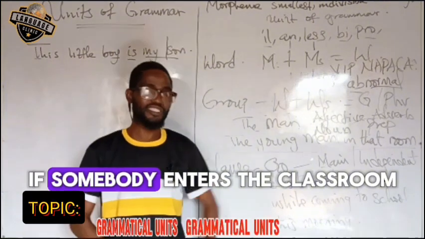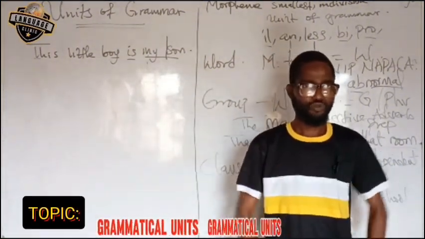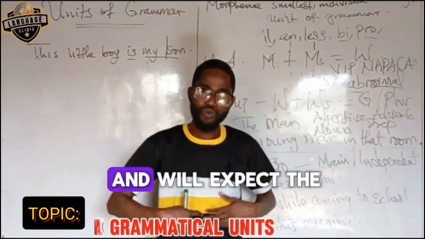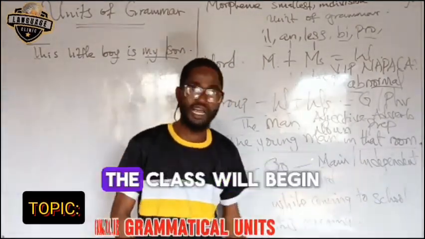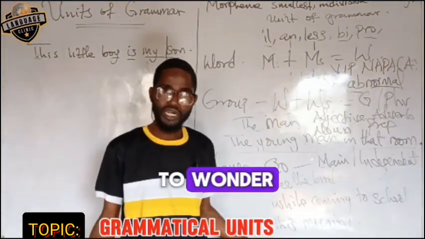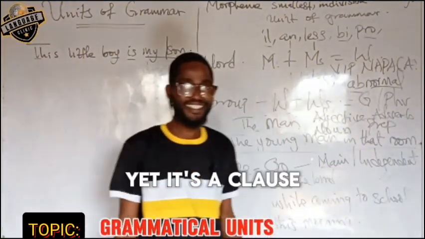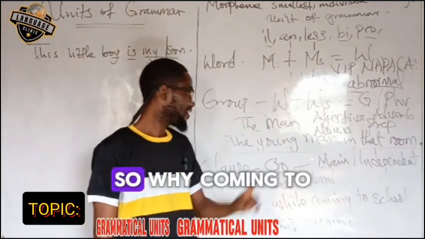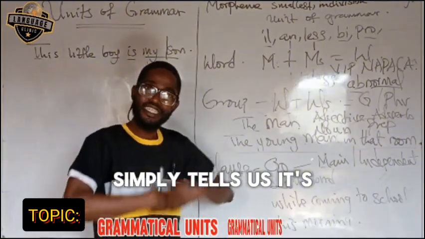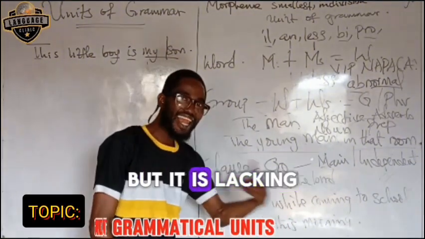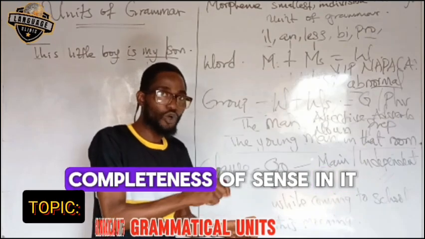If somebody enters the classroom and says, why coming to school this morning, we will all listen and expect the person to continue. If the person says that and leaves the class, we will begin to wonder, is everything right with this person? Because it is incomplete, yet it's a clause. So, why coming to school this morning tells us it's a clause on its own, but it lacks completeness of sense.